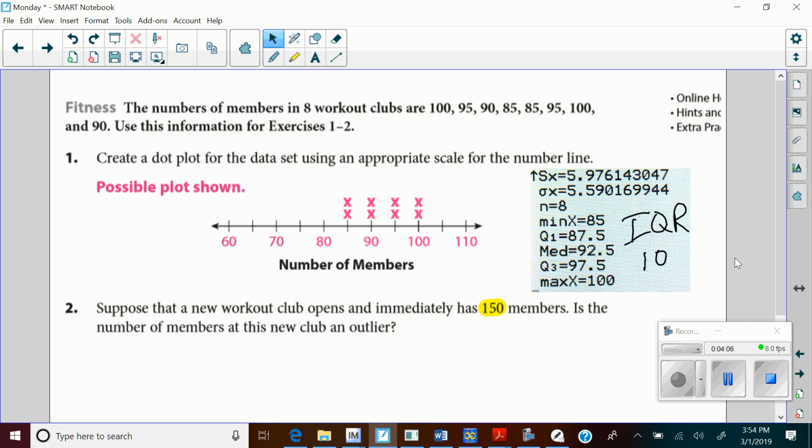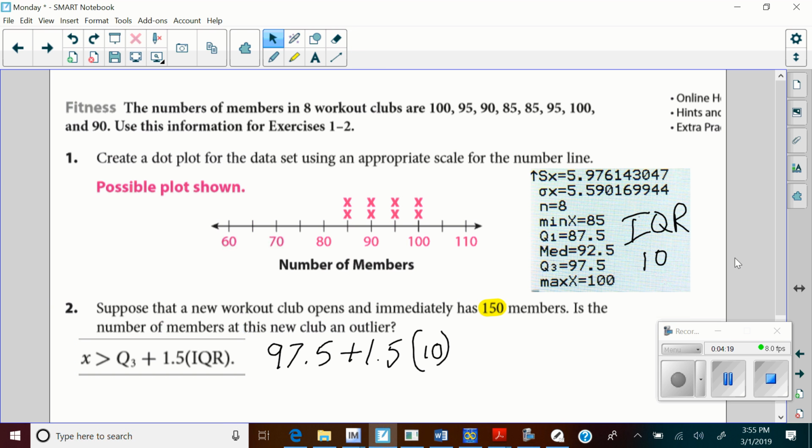We're going to use this formula: quartile 3 plus 1.5 times IQR. So we plug that information in, 97.5 plus 1.5 times 10.